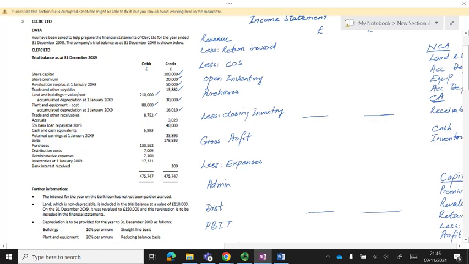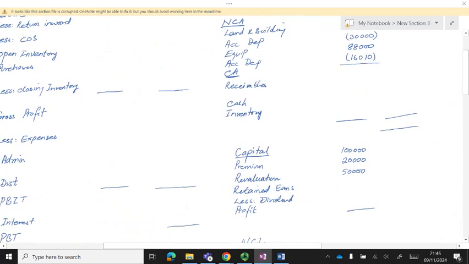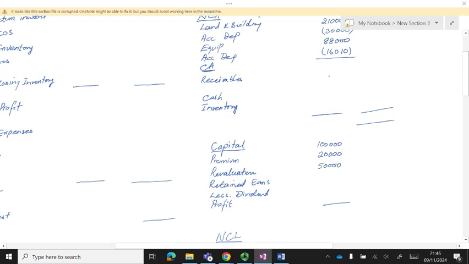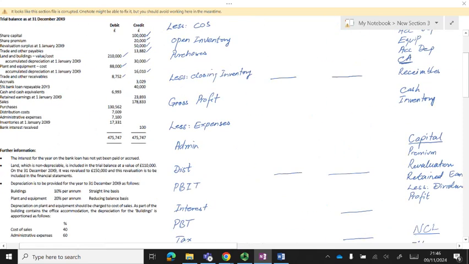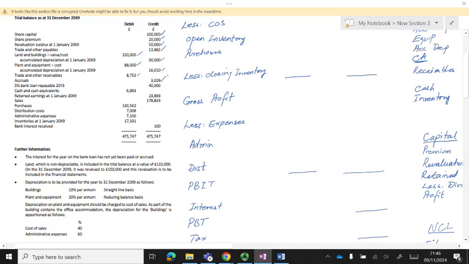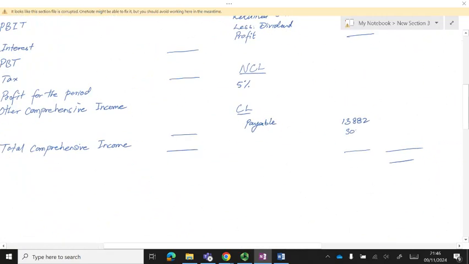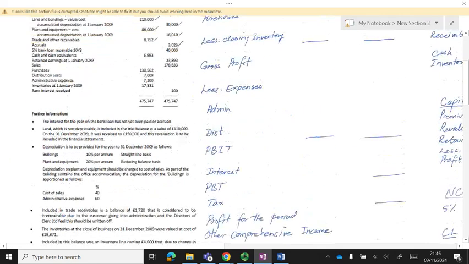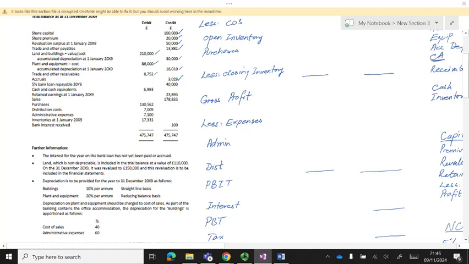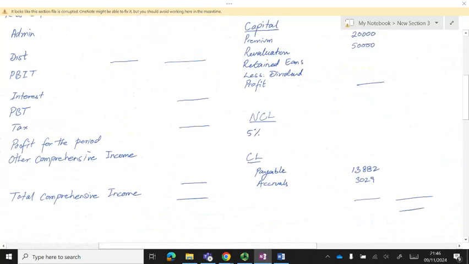Receivables are 8,752. In my current assets, I will be recording receivables. Accruals are 3,029. Loan is 40,000 and the name of the loan is 5% loan.